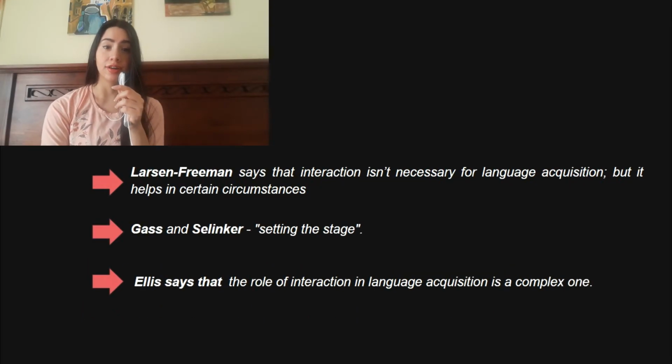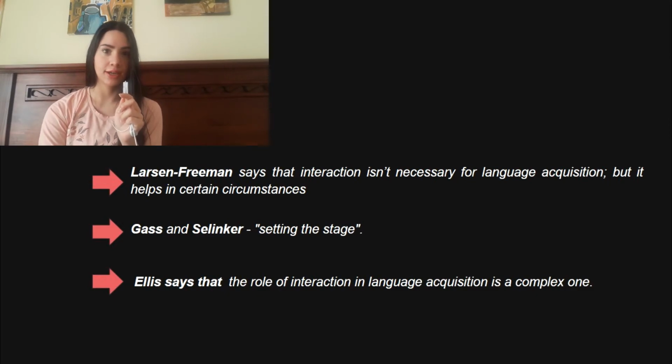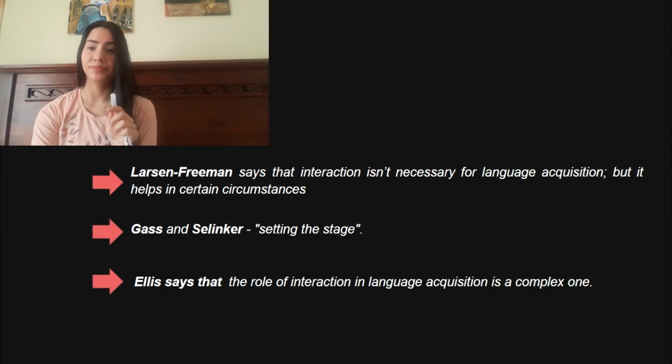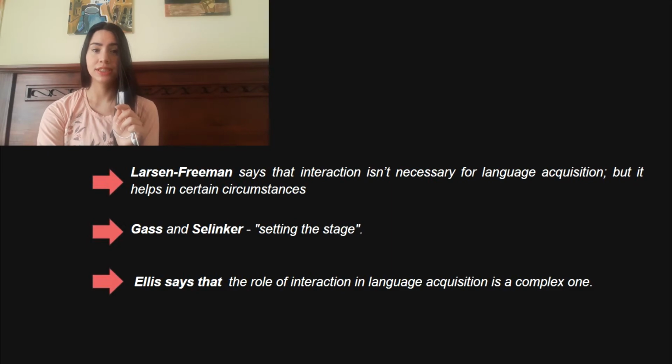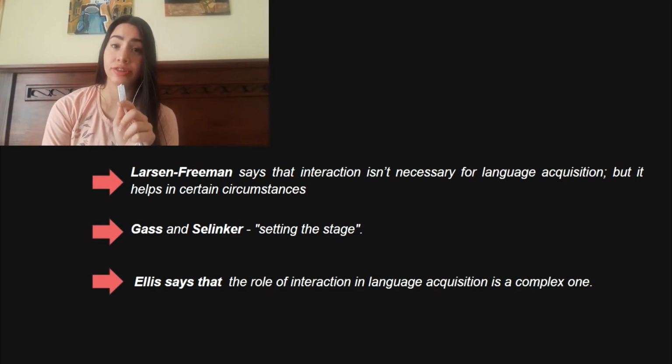Although there are several studies that link interaction with language acquisition, not all researchers take the idea that interaction is the primary means by which language ability develops. In a survey of the literature on the subject, Larsen-Freeman says that interaction isn't necessary for language acquisition.